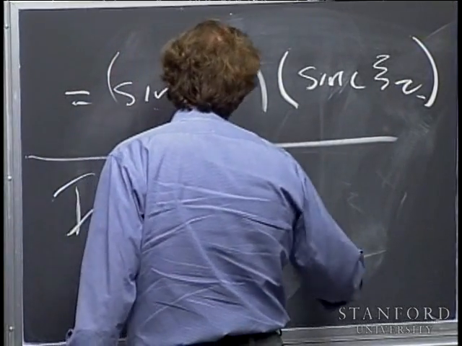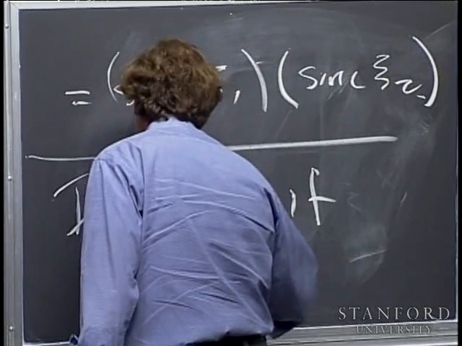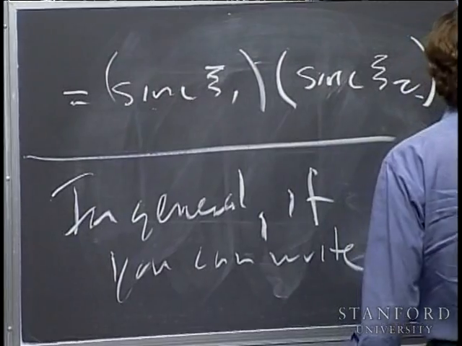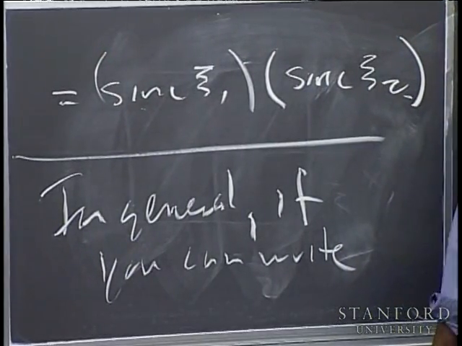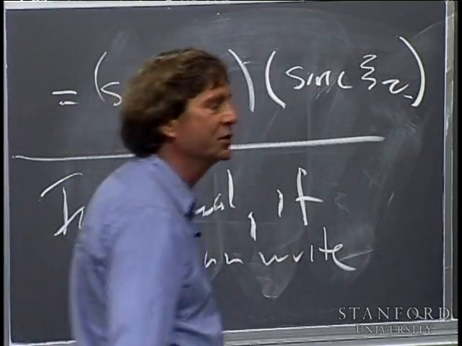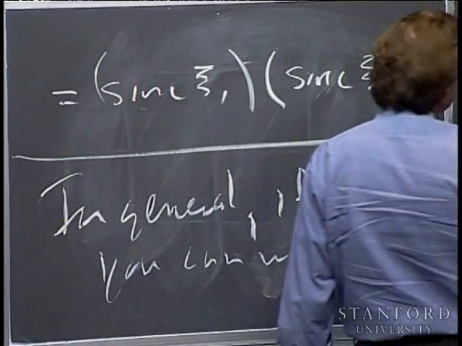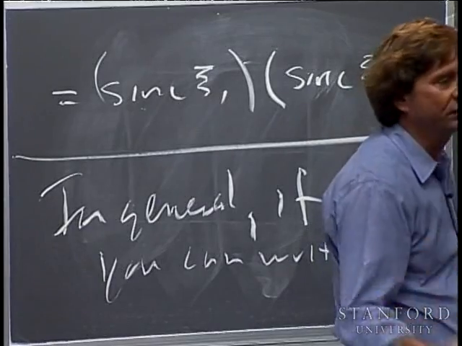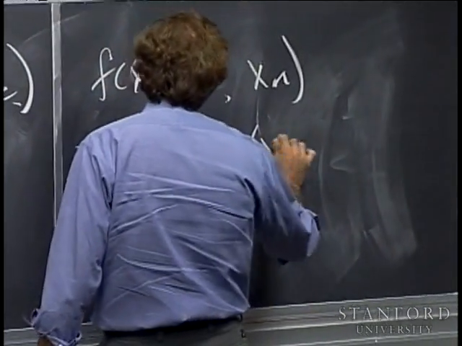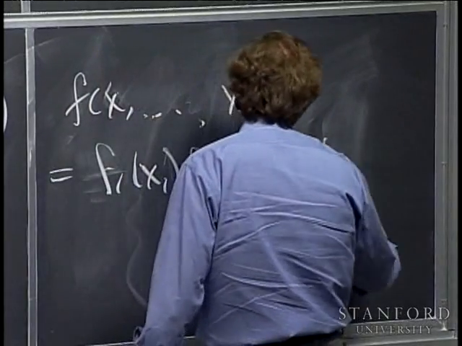In general, if you can write a function of n variables, and you can't always do this, I want to emphasize this, but in some cases you can. If you can write it as a product of functions of one variable, or at least functions of a lower dimension, say f1 of x1 times f2 of x2 for some functions.